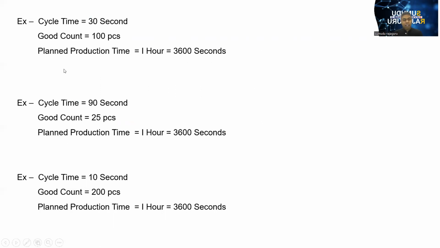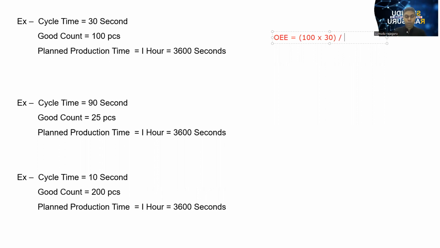There are 3 examples here. We'll see. Cycle time 30, good count 100, planned production time 3,600. Then how can we calculate? OEE equals good count, 100, multiplied by the cycle time, 30.